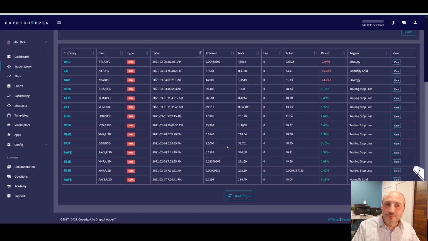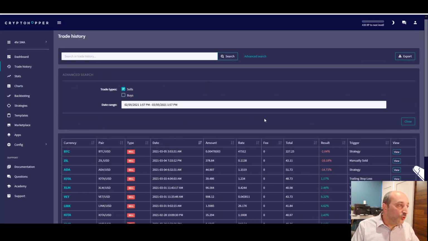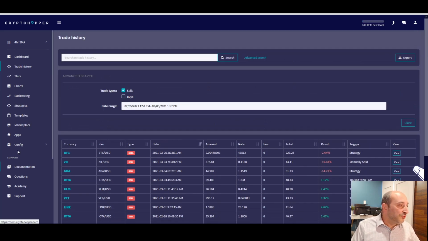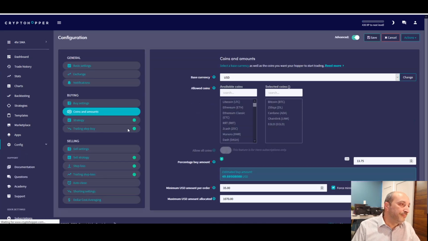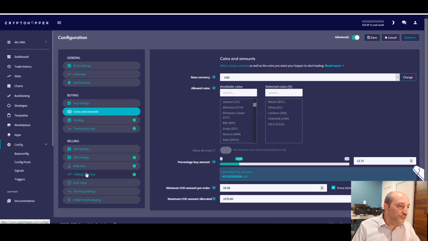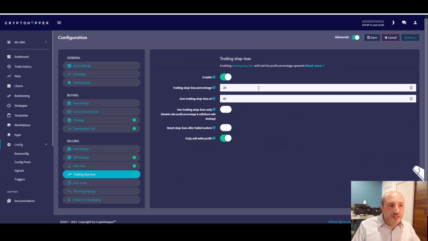So just make sure that you keep an eye on it. And if you see too many green or too many red, just change your trailing stop loss to make it a little bit lower. The trailing stop loss would be right here: config, base config, and then you go to your trailing stop loss and you change this number right here.